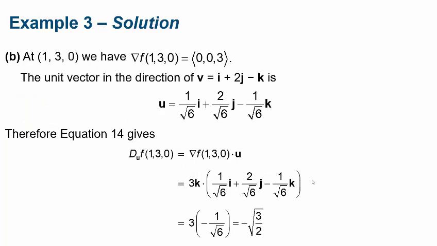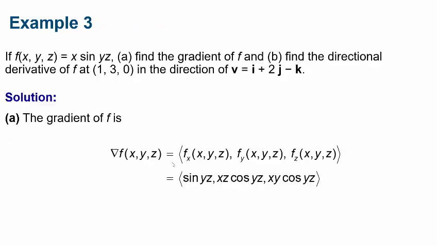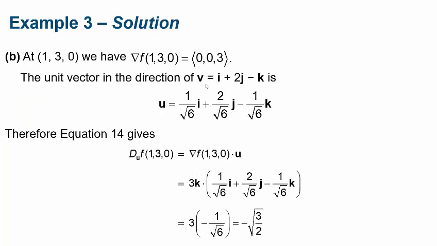Next, we have to change this to a unit vector because we want it pointing in that direction. We're going to take it and divide it by the square root of 6 to change it to a unit vector.